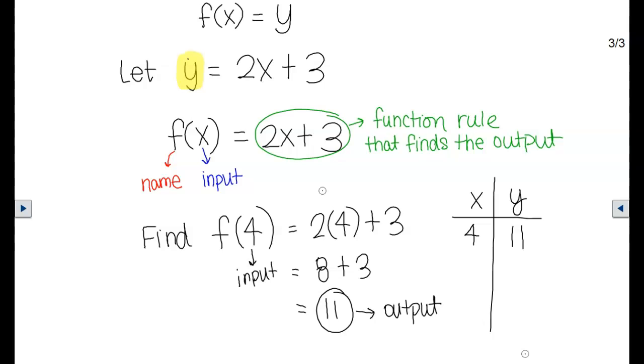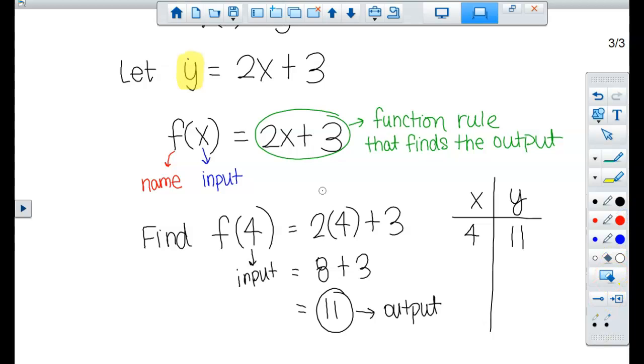The only difference is the way that it's written. So a function of x is equal to 2 times x plus 3. This x is your input. When they say find f of 4, a function of 4, you're going to plug in 4 everywhere you see an x. This is just input, output, putting a number in for x and getting an answer for y.